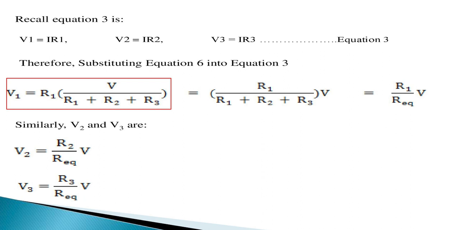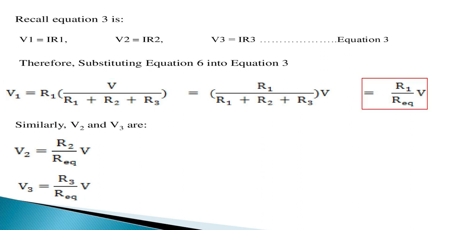Therefore, our V1 is equal to R1 over R equivalent times V. In that same order, we're going to have V2 equal to R2 over R equivalent times V, and our V3 equal to R3 over R equivalent times V.